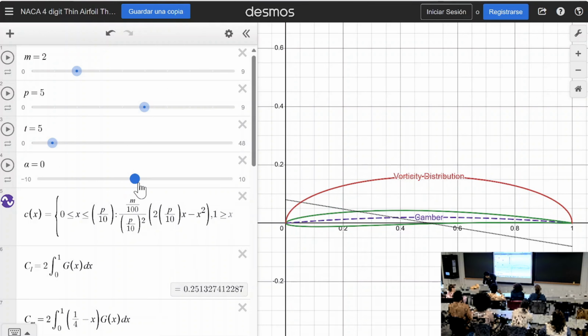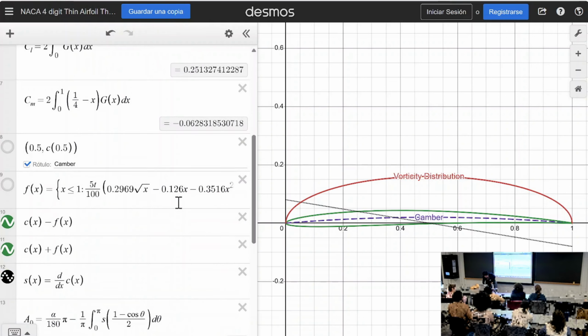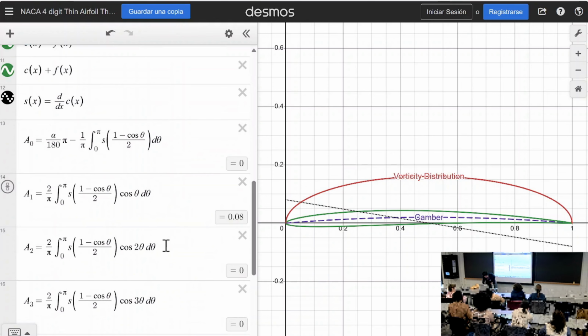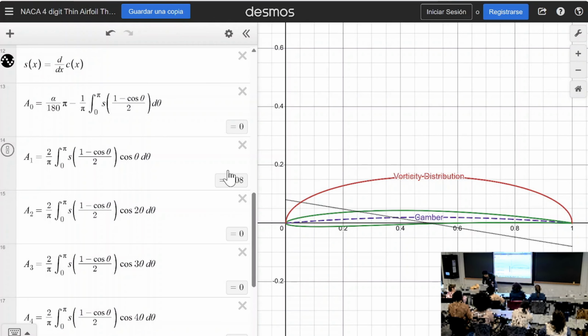This is exactly what we talked about in thin airfoil theory. It only has an A1 term. So here, in order to calculate this, I actually calculated my A0, A1, etc. And in this case, according to thin airfoil theory, there is only one non-zero number in this A series.